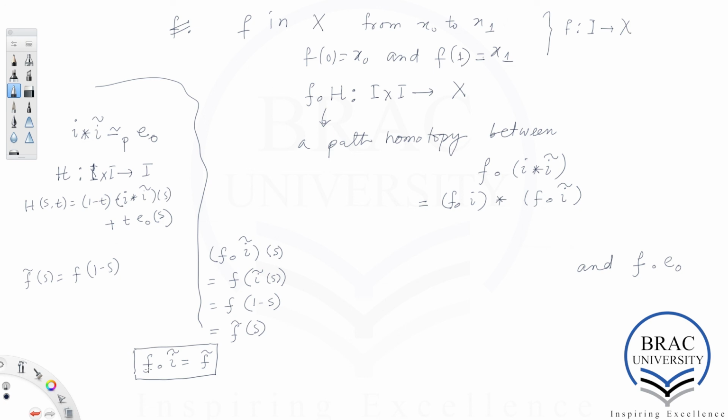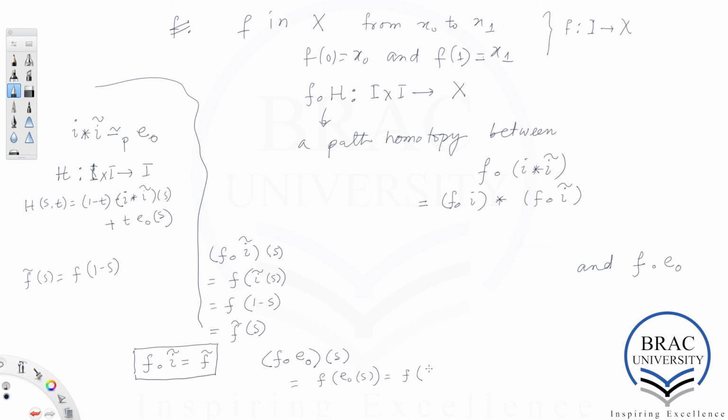And what is f composed with E0? We have already seen earlier that f composed with E0, well, if you want we can do it again. f composed with E0 at S is f of E0 at S, and E0 at S is just 0 because it's the constant map.